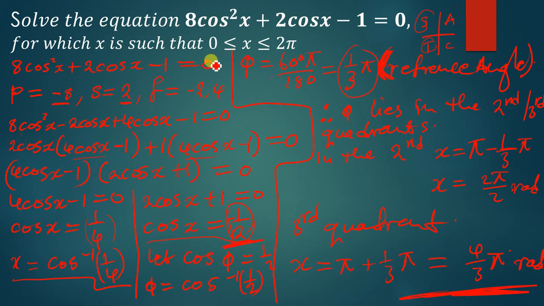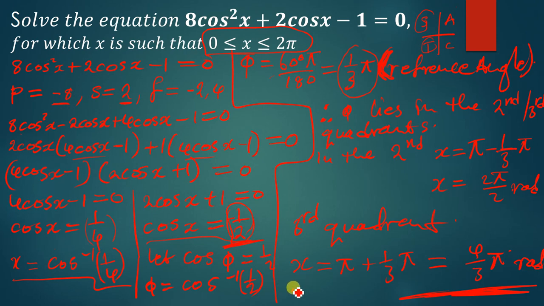The other thing that you need to check is the domain we've been given here. In case you find any angle that is out of this domain, not between 0 and 2 pi, or out of the domain given in that particular question, you just need to disqualify that angle and only list the angles that are between 0 and 2 pi.